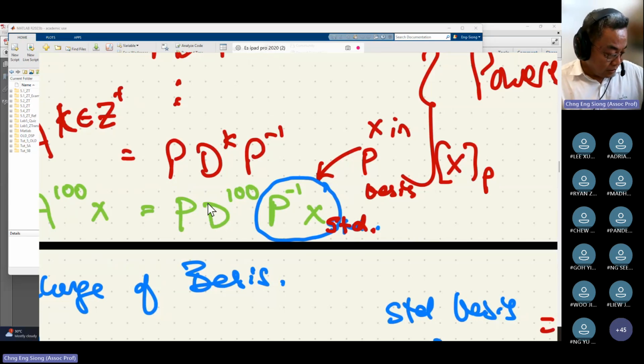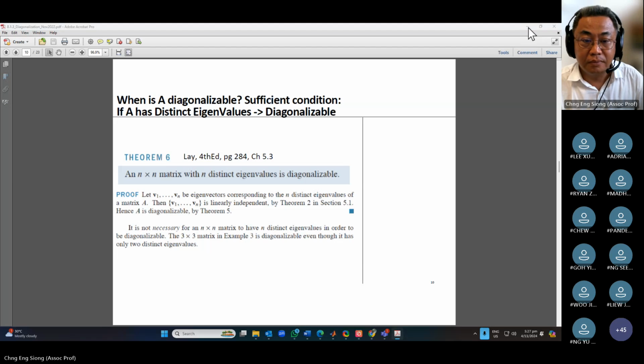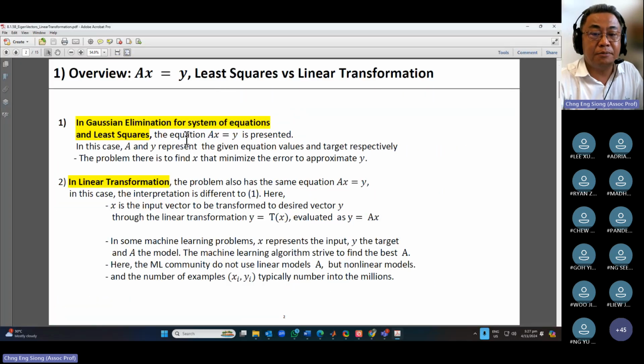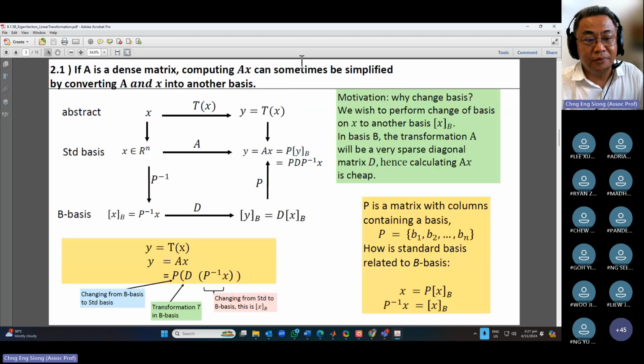But if you have problems understanding all this, I'll show you where we were. It is in 8.1.5b, eigenvalues, eigenvectors. And I'm explaining the last part of this diagram, this nice diagram over here. Okay, B inverse X changes X into the B basis.